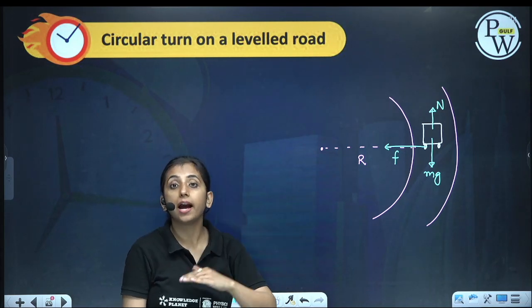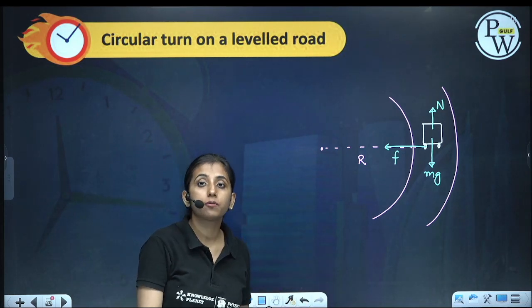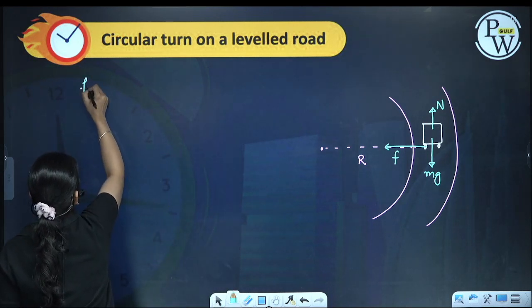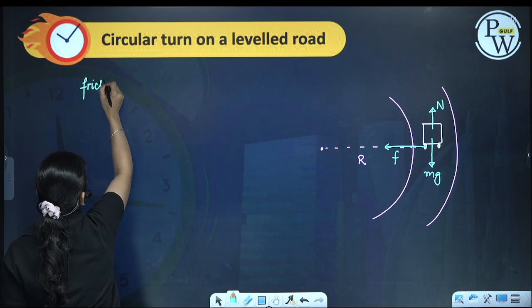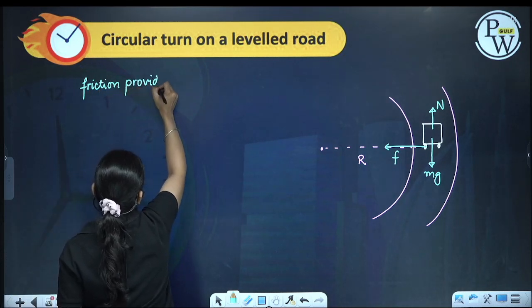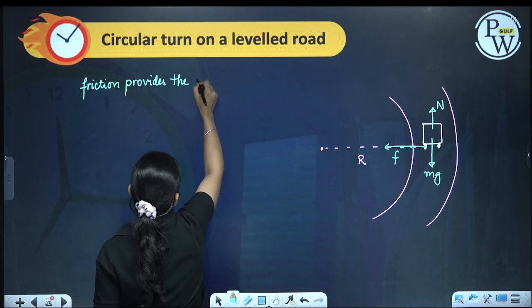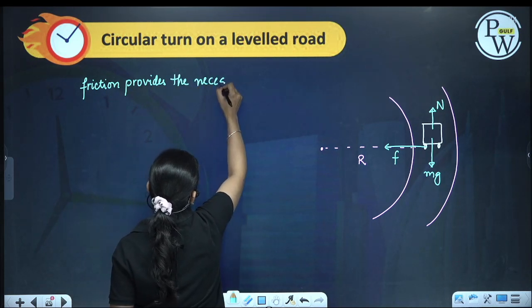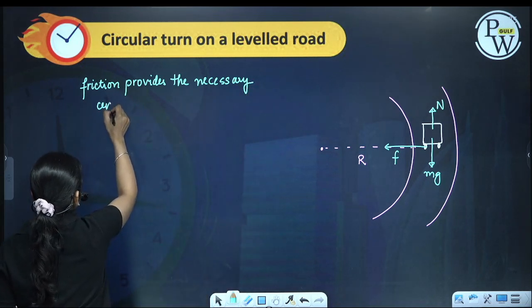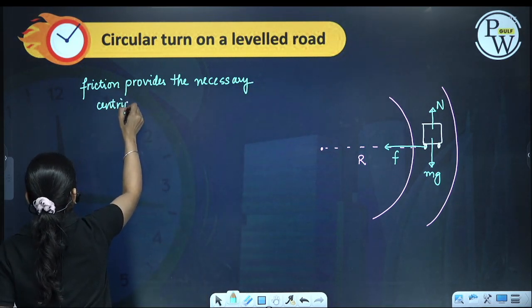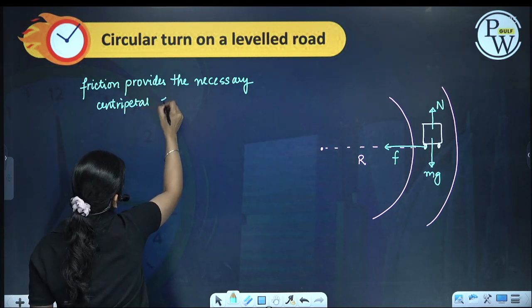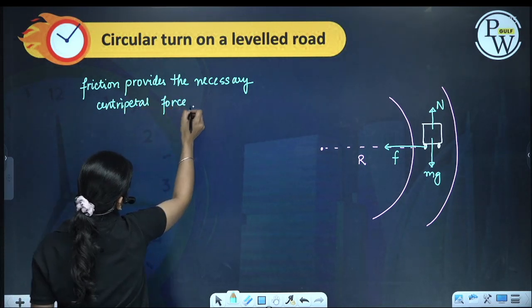Which force can act along the plane? Frictional force. Friction provides the necessary centripetal force.